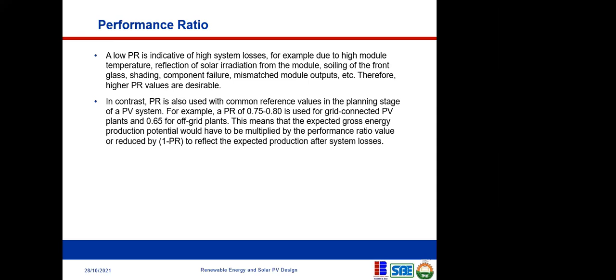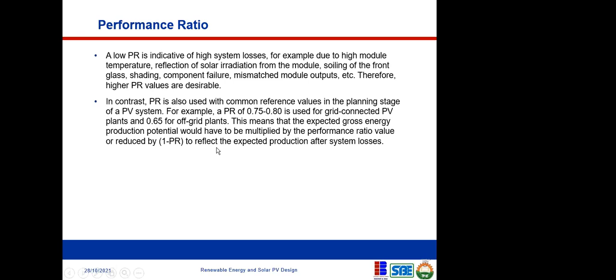You have to make room for losses, because the quoted capacity is at standard test condition. So you should know that your plant will never operate at that standard test condition. So you have to reduce that quoted capacity, maybe from 100 down to about 75 or 80, which is what this slide is trying to talk about.